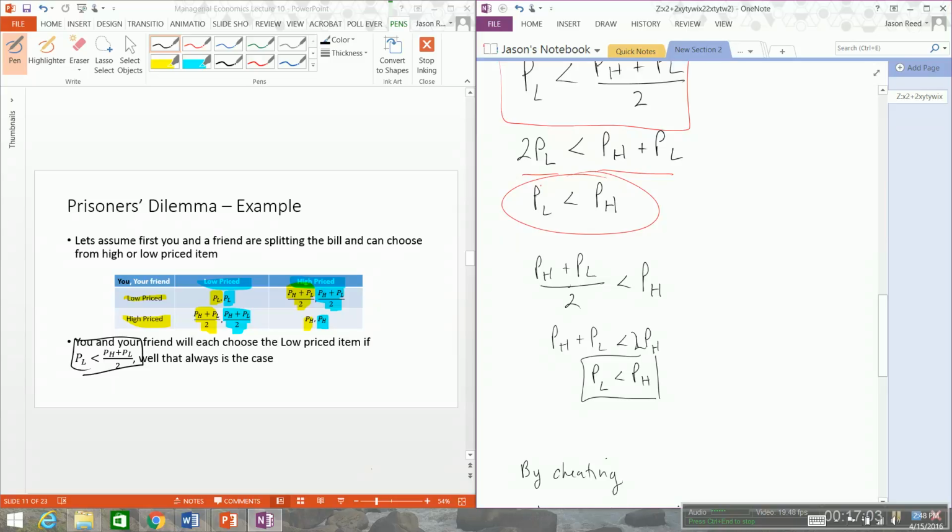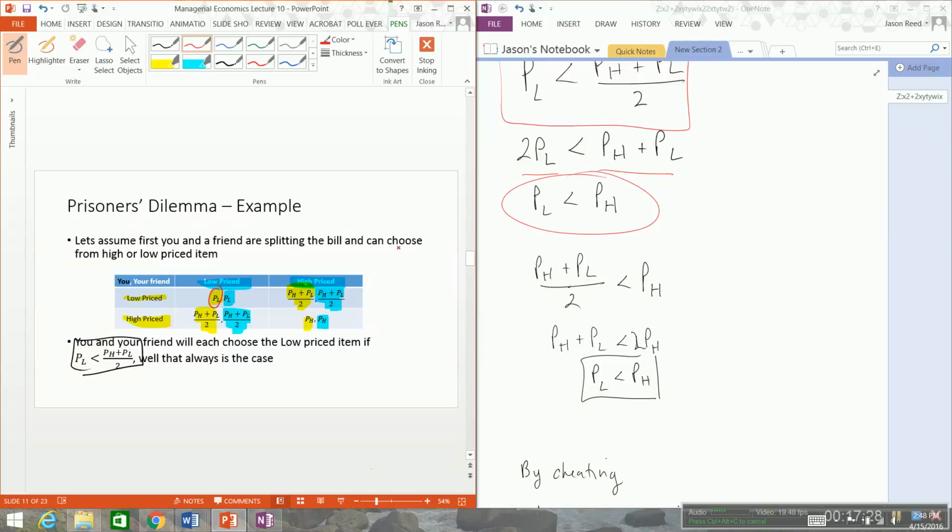So as long as this is true, which I think it is, that's our assumption we're making, then it'll be the case that the low-priced item will be less than splitting the high-priced item. So if that's the case, I'm going to choose this when I believe my friend is choosing the low-priced item. And if my friend is choosing the high-priced item, we need to figure out what is going to be bigger.